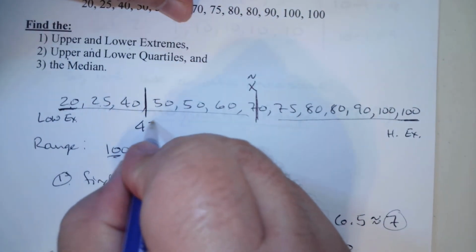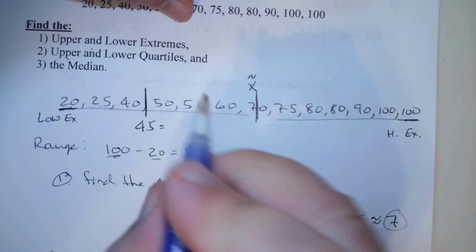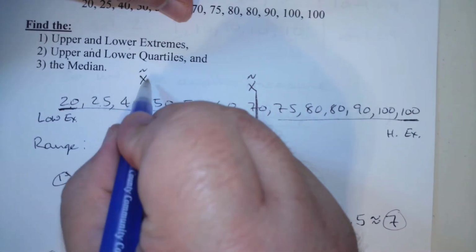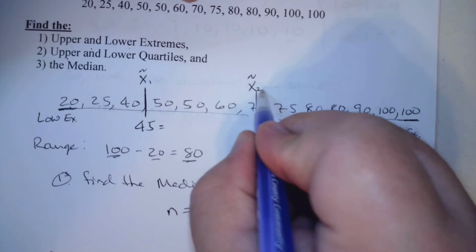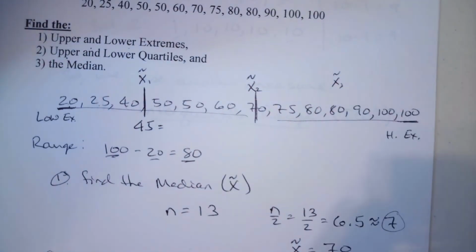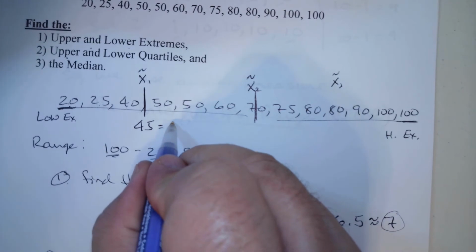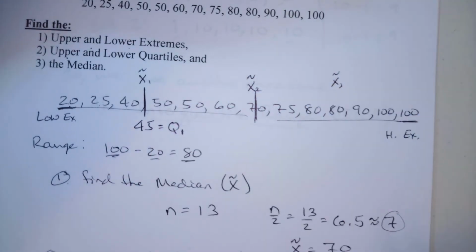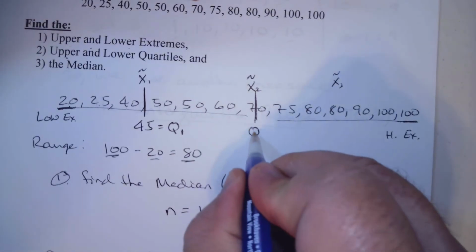Is 45. This is the first median. This is our second median, and we'll find a third median over here somewhere. So this is quartile 1. This is quartile 2.